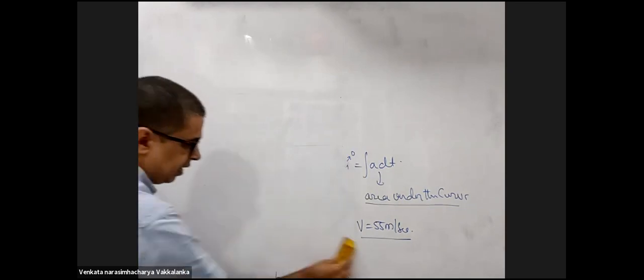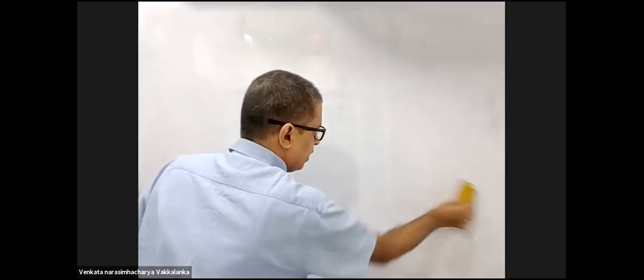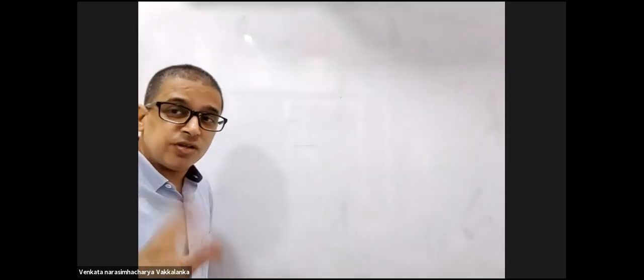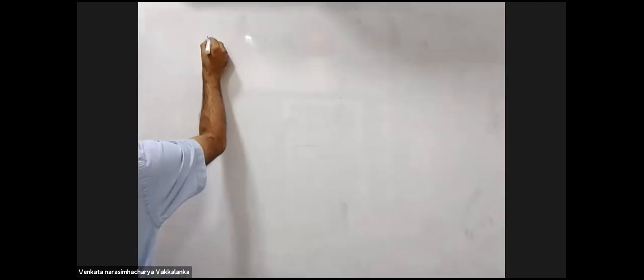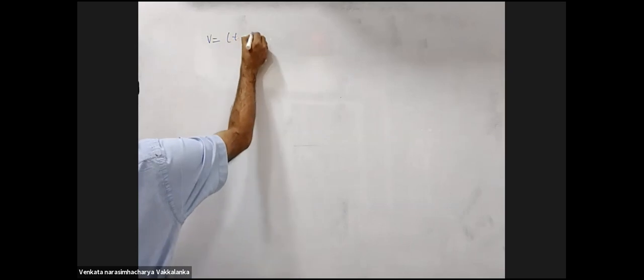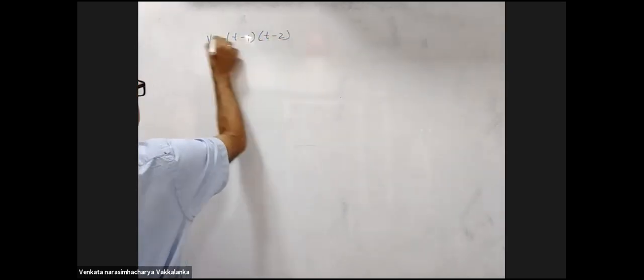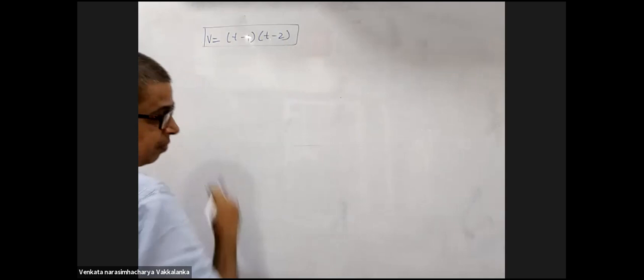The problem is slightly tricky, not that I expect you people to solve it. The reason is that this is not a straight line. Velocity of a particle is given as t minus 1 into t minus 2.